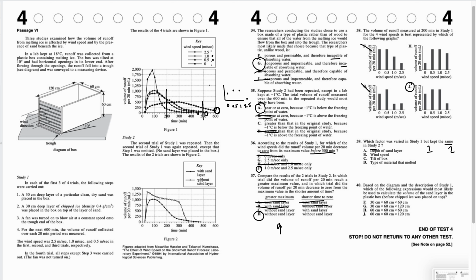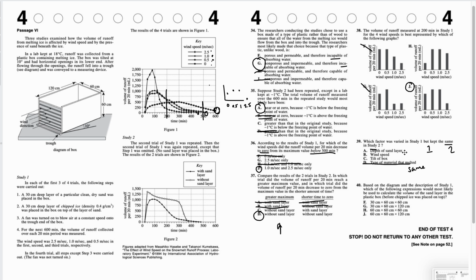I can see that the type of materials melted, I am using the same water throughout the entire thing. So D is incorrect because that doesn't vary. This stays the same for both.